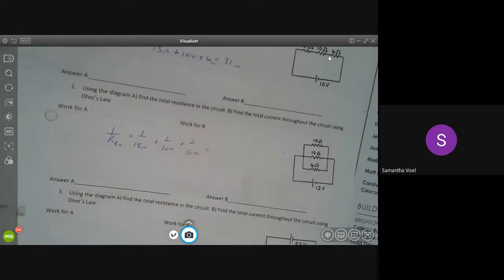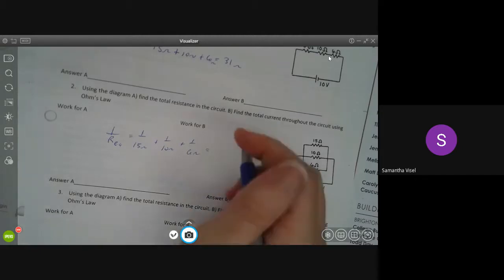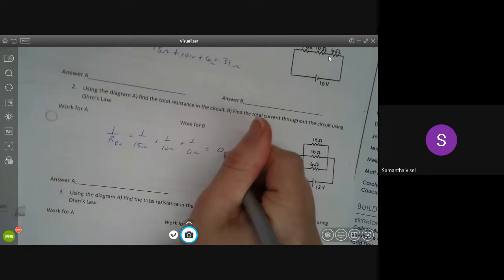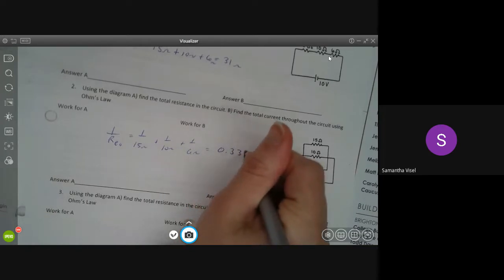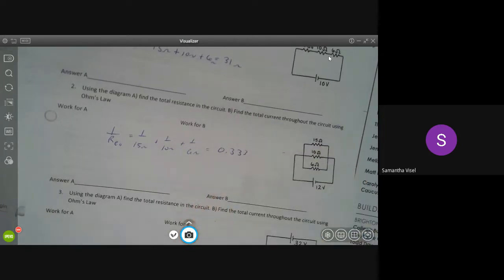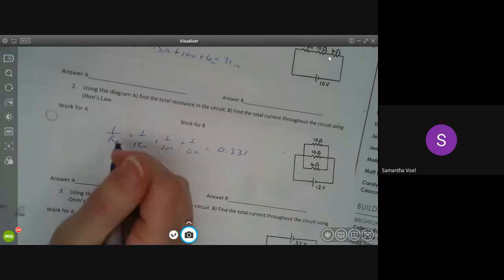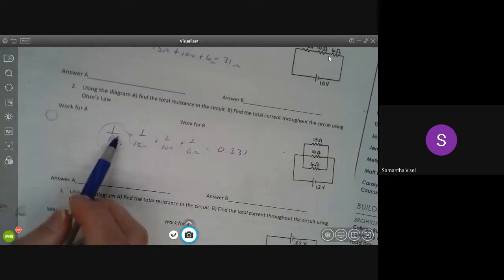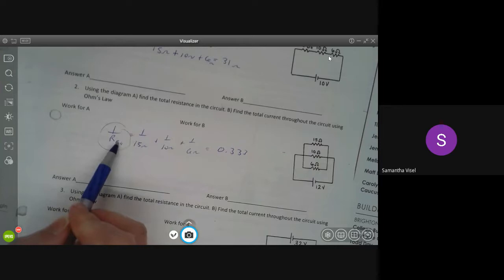And now when I do that, if I type in my calculator 1 divided by 15 plus 1 divided by 10 plus 1 divided by 6, I get a decimal. So when I do all this, I get 0.333 repeating.